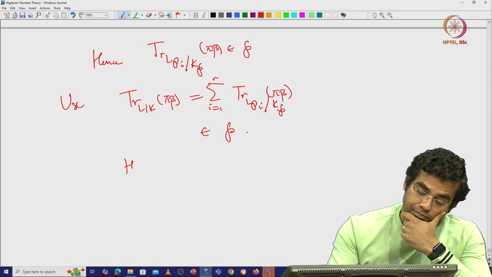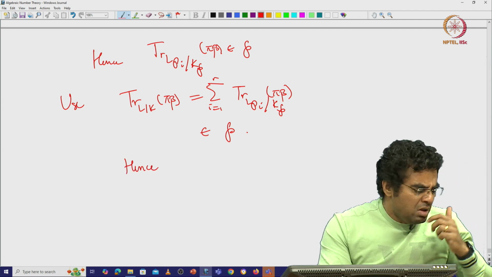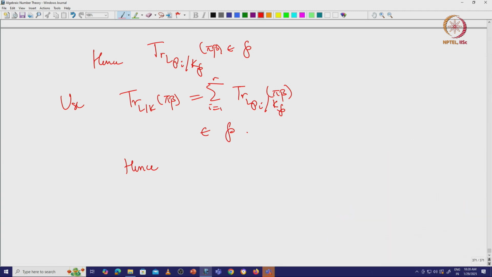So, what we have is trace L over K of pi beta, but you see pi is already in K. So, this is simply pi times trace L over K of beta is in P, right.